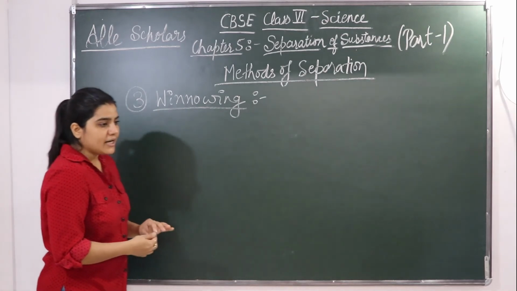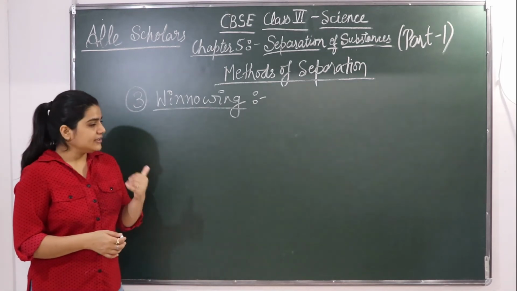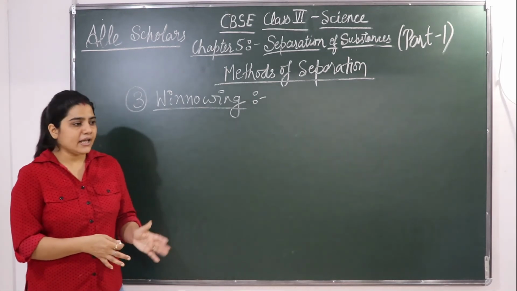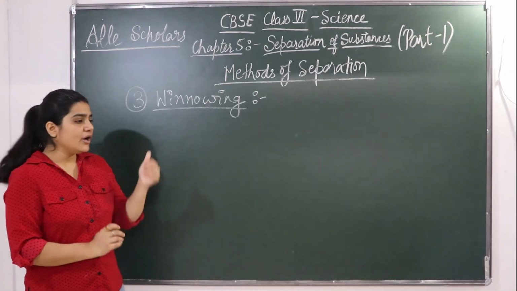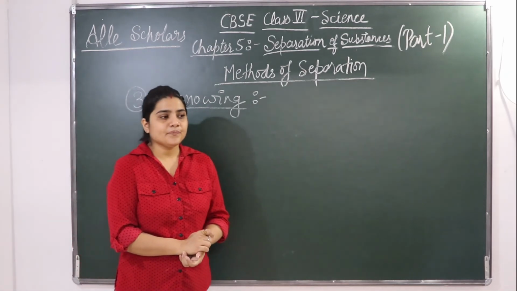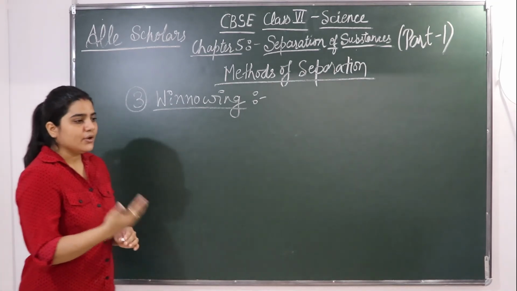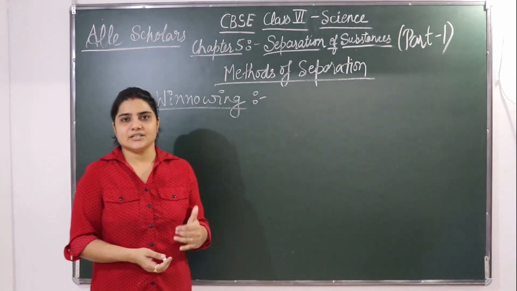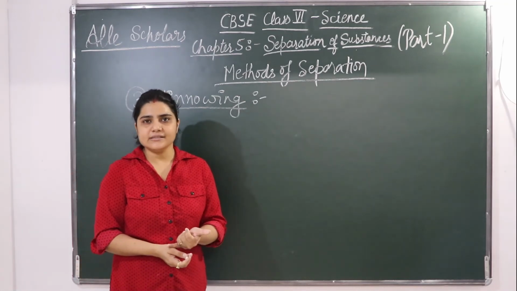The husk particles are carried away by the wind. The grains are separated and form a heap near the platform for winnowing. The separated husk is then used for many purposes, such as fodder for cattle.